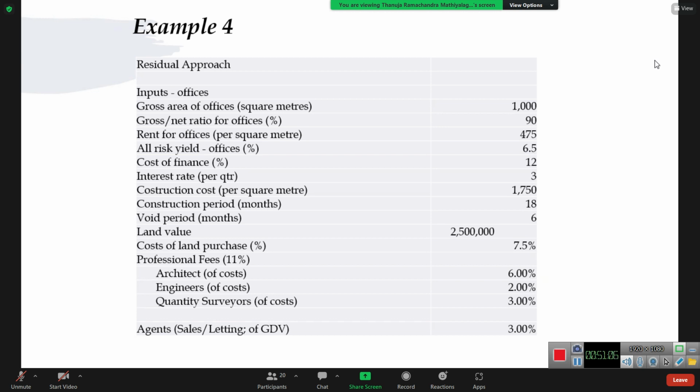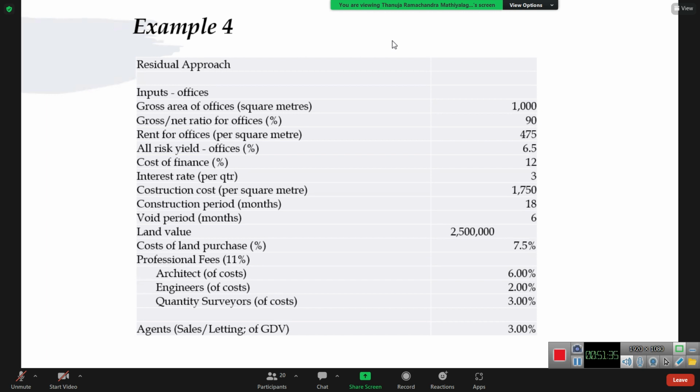Madam, void period means after construction there will be a 6-month period where there is no income, right? In other sums, it was silent on whether there was a void period or not.